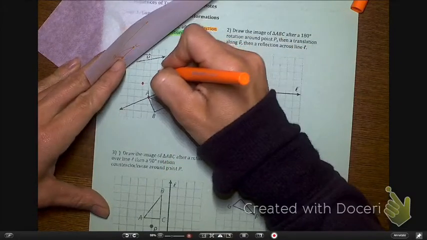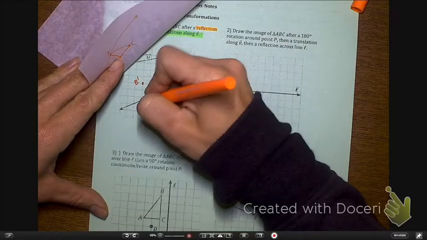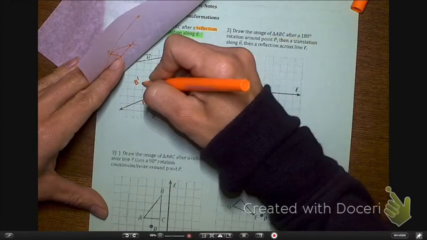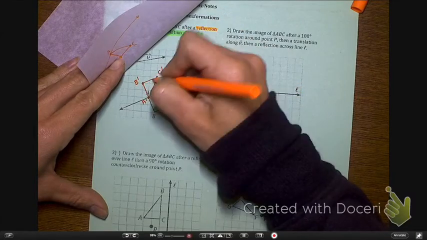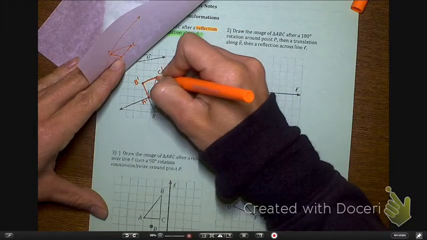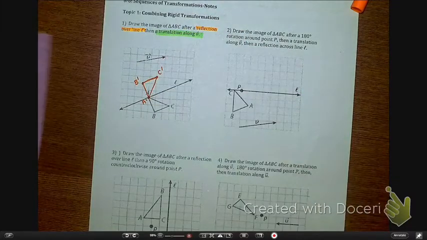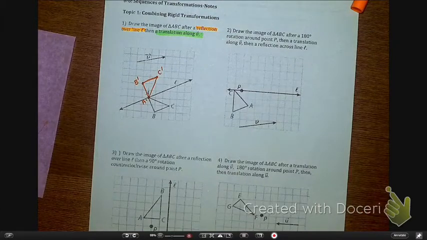Okay, so this is C prime, B prime, and A prime stayed on the line. All right, so there's your figure.